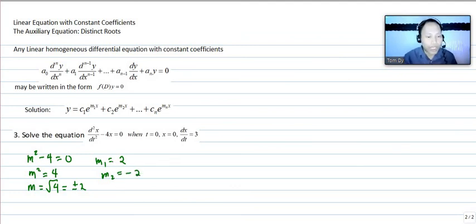Now, once we find the value of m sub 1, m sub 2, of course, we will now write our equation, this one. So that you have here y is equivalent to our c sub 1 e raised to m sub 1x, that is 2x, plus c sub 2 e raised to negative 2x.